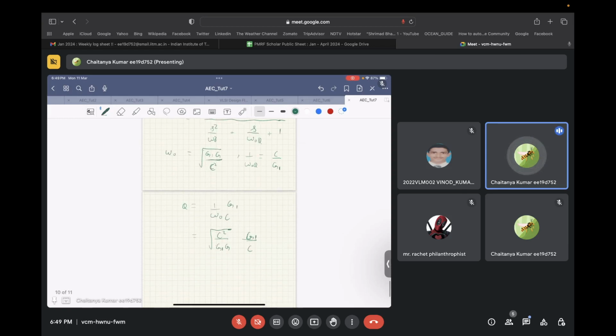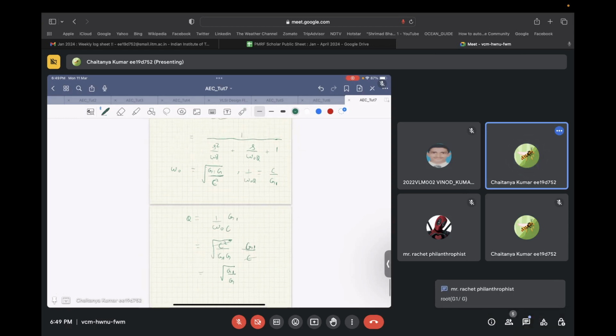So C squared, square root of C squared and C can be cancelled out. So we get Q as square root of G1 by G.